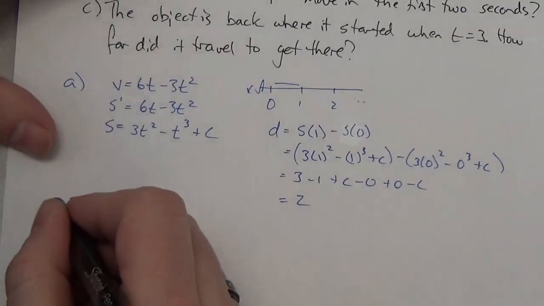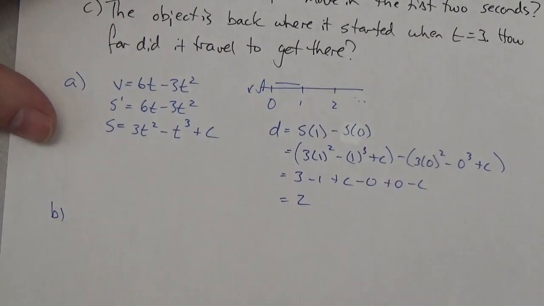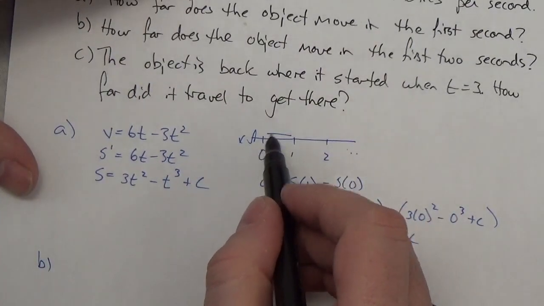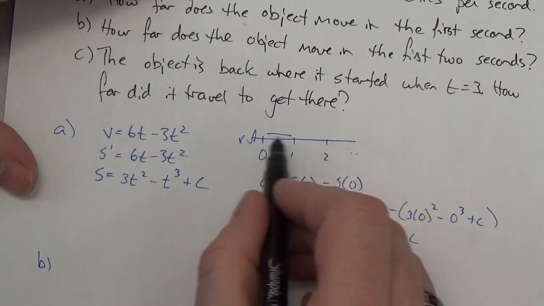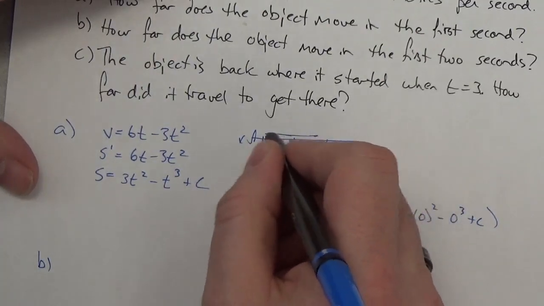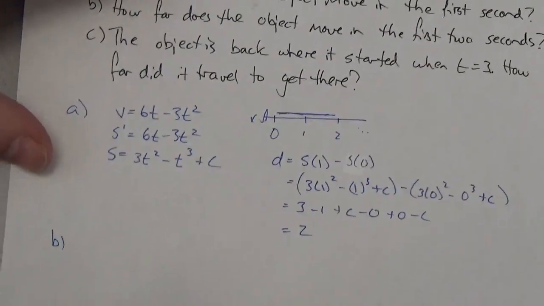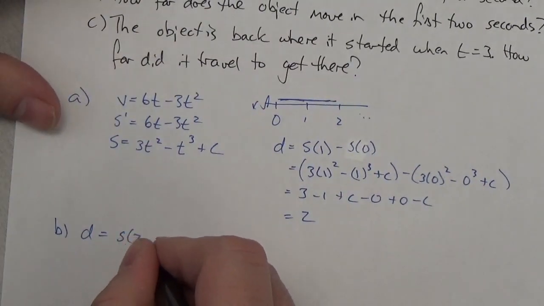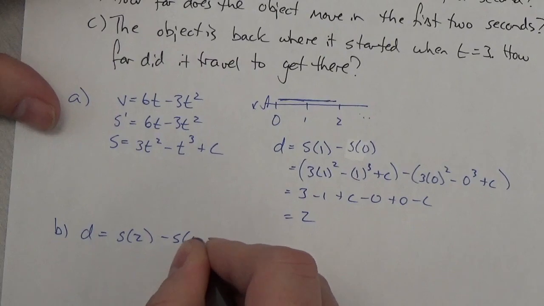Now b. How far does it travel in the first 2 seconds? Well, going up to here again, we're going to look at this interval right here from 0 to 2. So that distance is going to be the displacement at 2 seconds minus the displacement at 0 seconds.